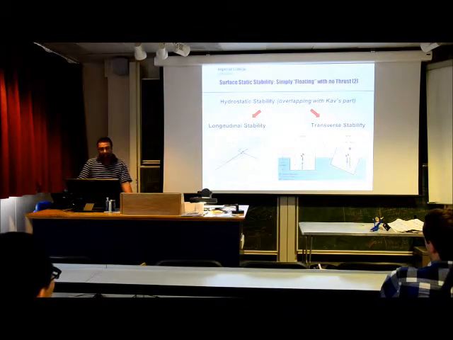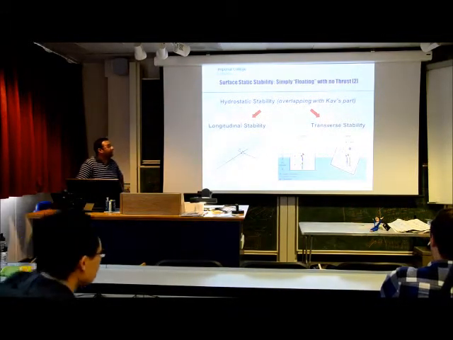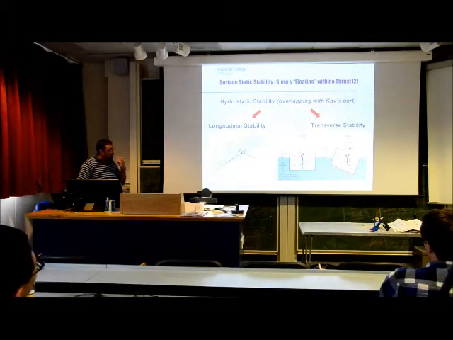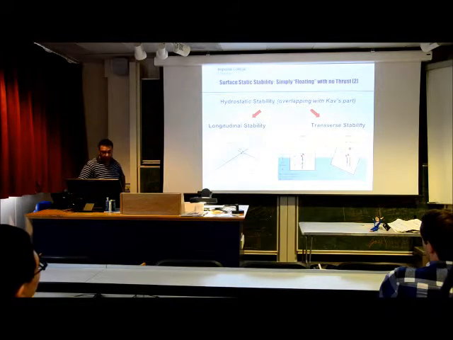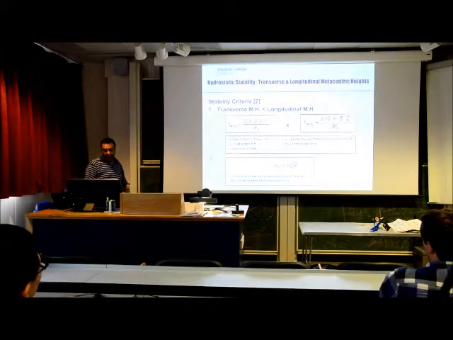The hydrostatic stability part is overlapping with my teammate's part, and consists of two different parts, the longitudinal stability and the transverse stability, which was presented last week, I guess.